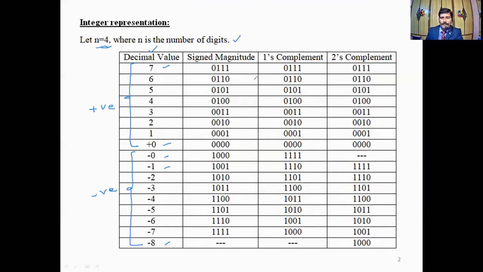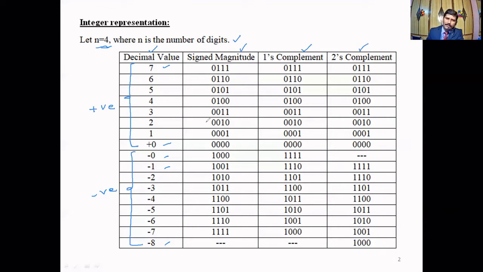A computer stores information in ones and zeros, that means as binary information. So the computer will store an integer in binary in 3 ways: sign magnitude, ones complement form, and twos complement form.